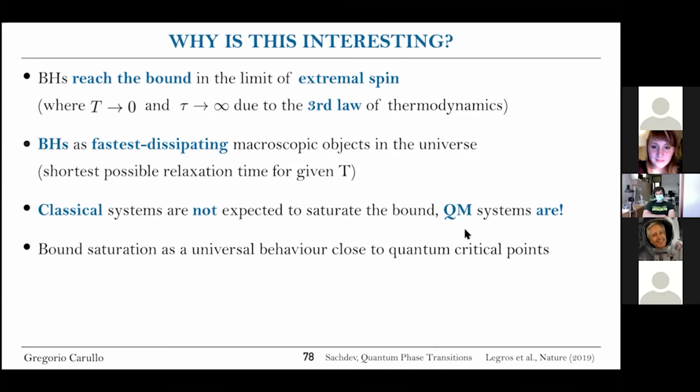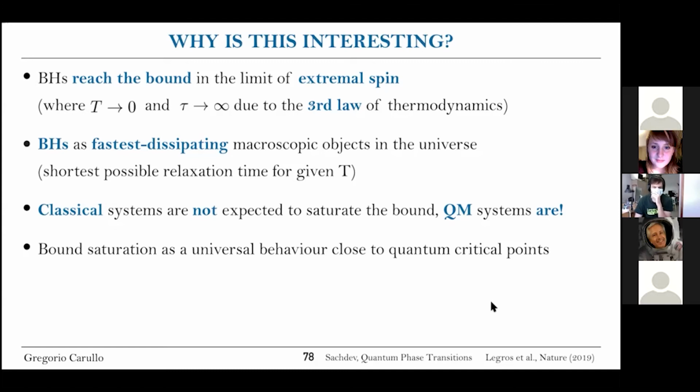This stemmed a lot of interest into trying to understand whether black hole perturbations could be treated like classical thermodynamics, or if they should be treated differently. Professor Sachdev also pointed out that similar bounds were one of the main points from which they started to think about concepts like AdS/CFT.